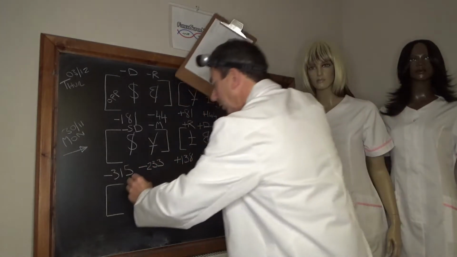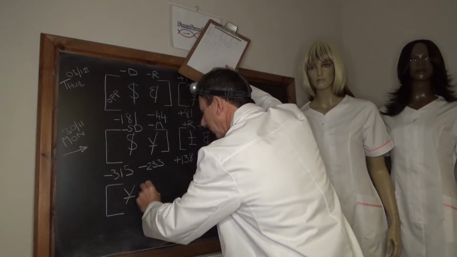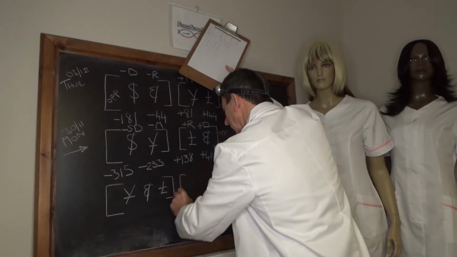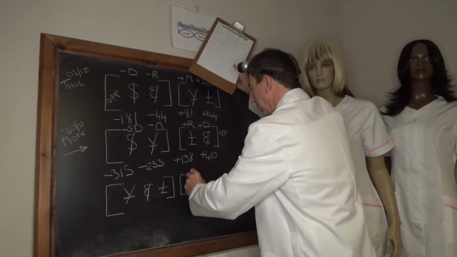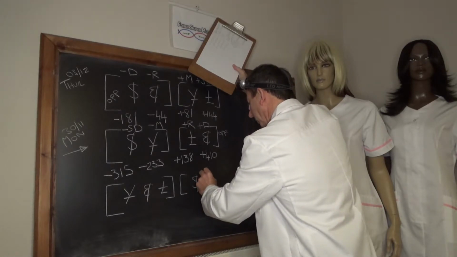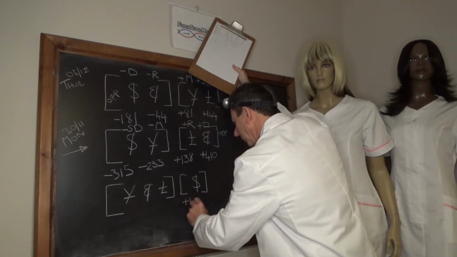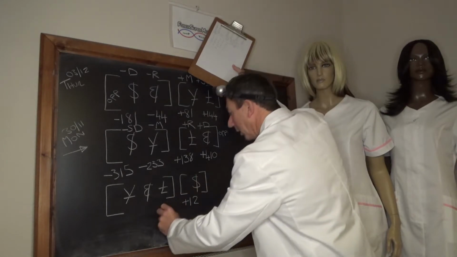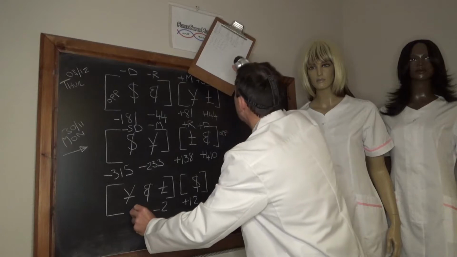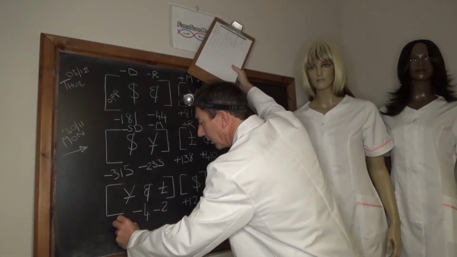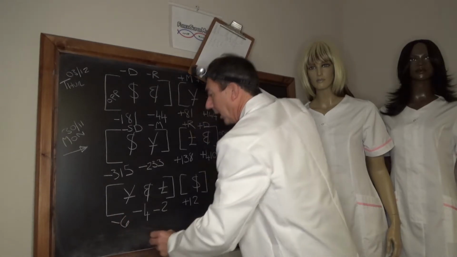Yen, euro, pound on the negative. And then we've got obviously the dollar on the positive. So we've got plus 12 for the dollar, minus 2 for the pound, minus 4 for the euro, and minus 6 for the yen.